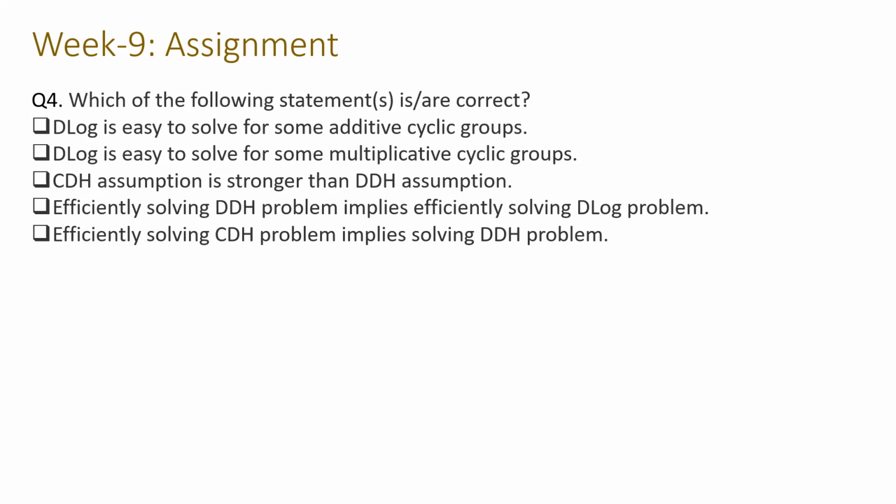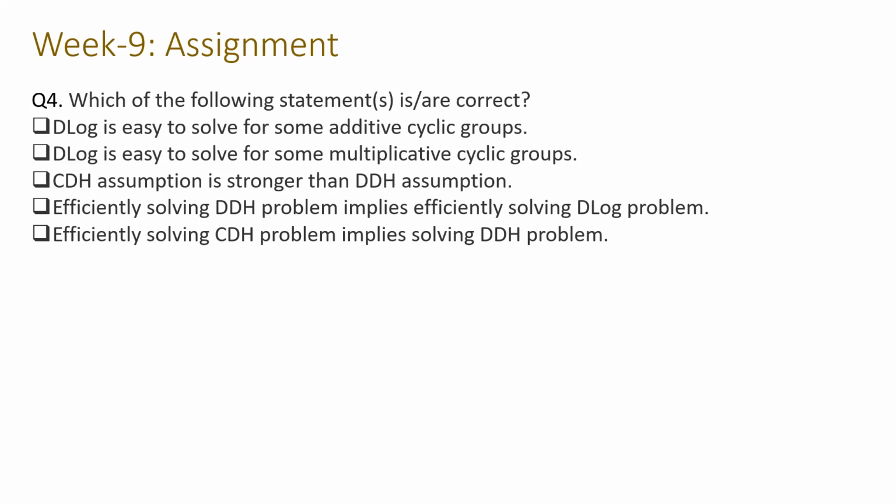So yes, the first two options are correct: in certain cases D-log is easy to solve for both additive cyclic groups and multiplicative cyclic groups. The third statement says the CDH assumption is stronger than the DDH assumption. This is wrong.